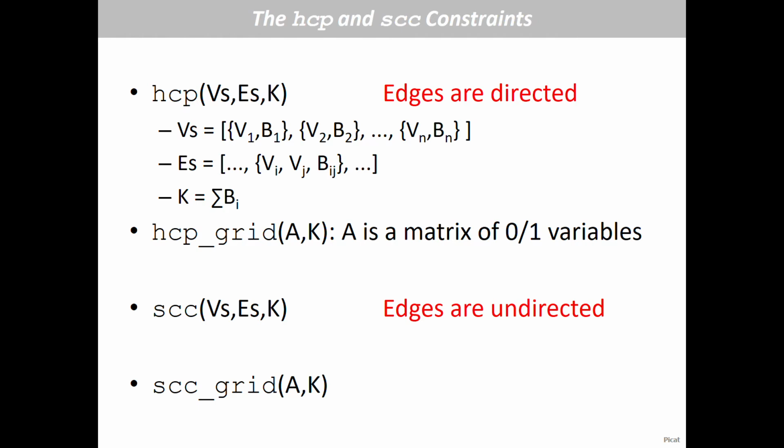In the latest version of Picat, there are several global constraints, named HCP and SCC.